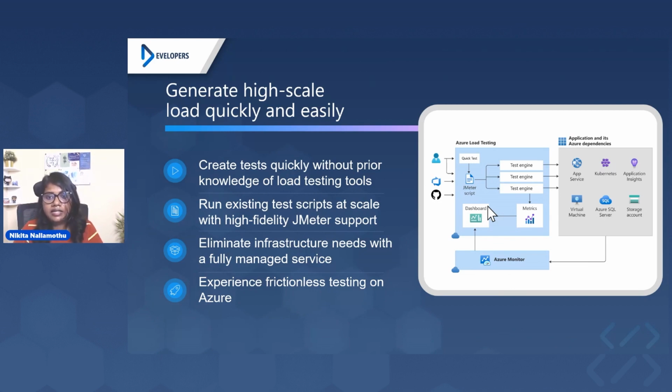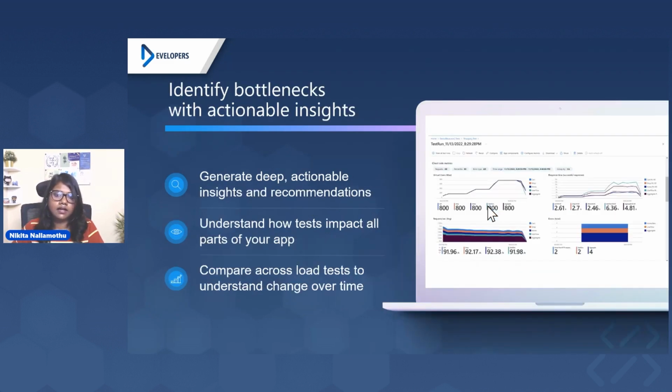That makes it very easy for you to correlate and identify if there were any performance issues when the load increased, or if there was any breakpoint that your application reached. It's very easy for you to test if your application is on Azure. So you get this frictionless testing and a single view of your metrics. Talking about metrics, you get deep, actionable insights and recommendations.